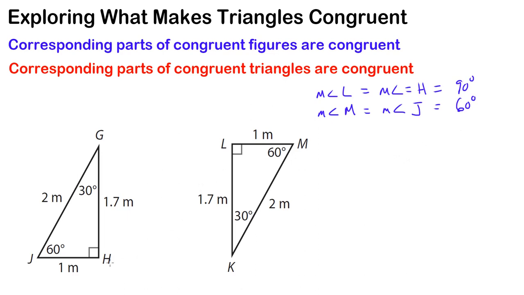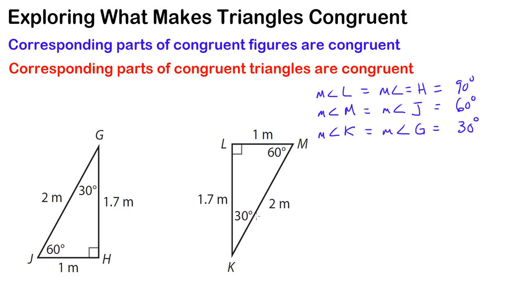And now looking at the last angle here, we have angle K is 30 degrees and angle G is 30 degrees. So the measure of angle K is equal to the measure of angle G, and they equal 30 degrees. So we've shown that all corresponding angles are congruent.